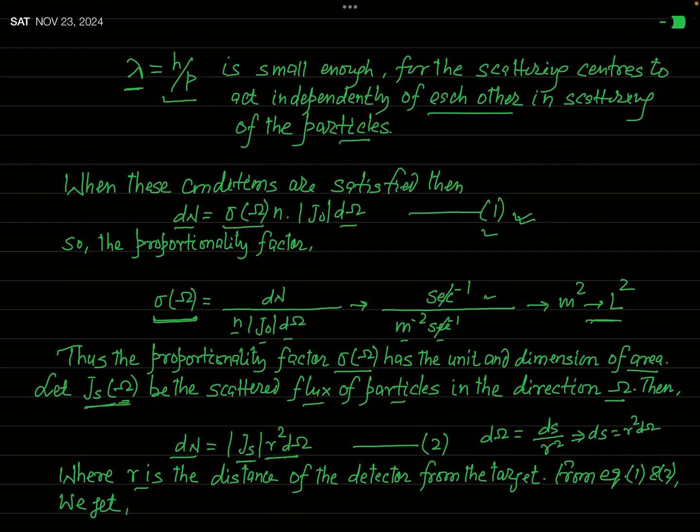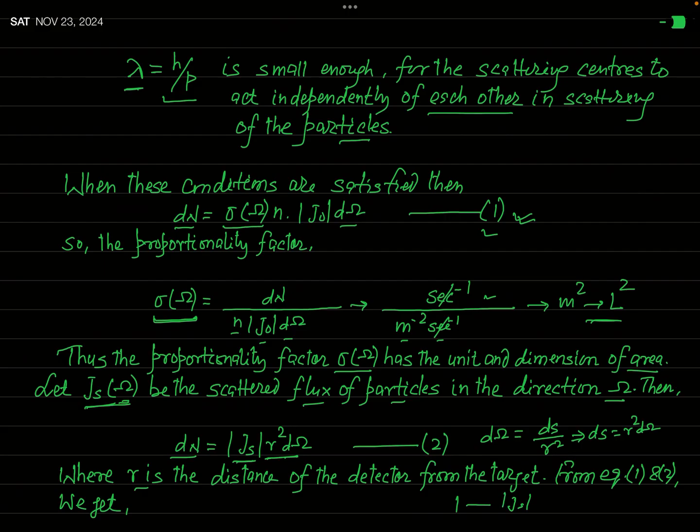And Js is the number of particles scattered in unit time through unit area. Mark it, through unit area. So through unit area, the number of particles scattered in direction omega is equal to Js.